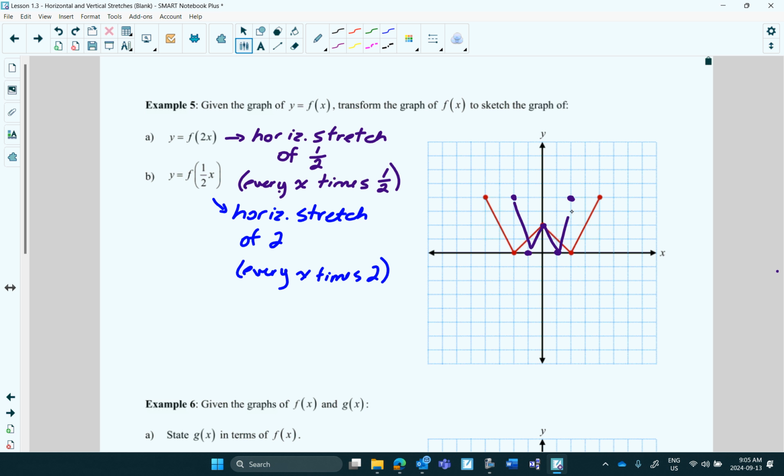So we see, we get that. So again, it's kind of reverse world happening here. You think with 2, a horizontal stretch of 2, it would go out. No, it actually stretches in or compresses. And we saw that on the previous page.